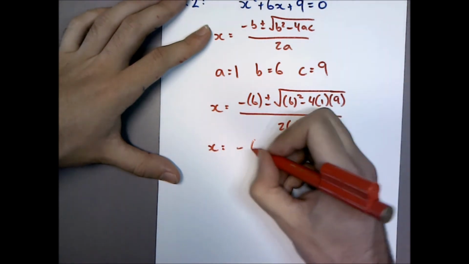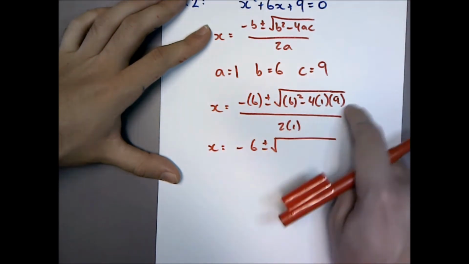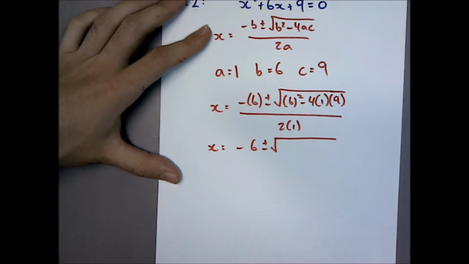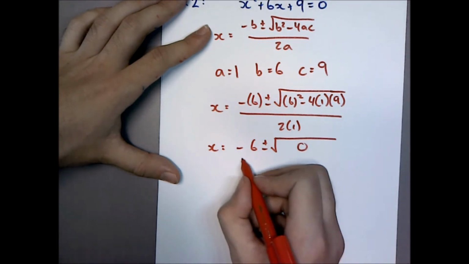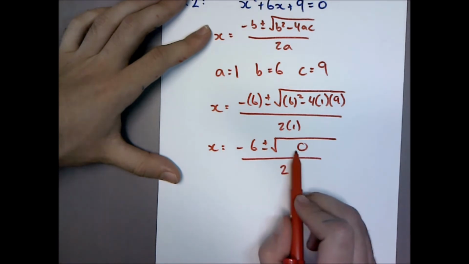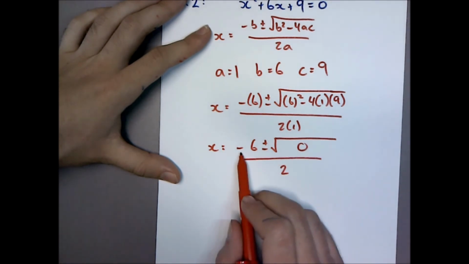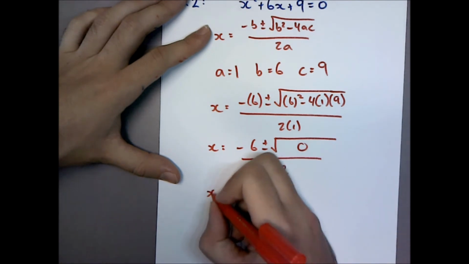So I get negative 6 plus or minus the square root, and what I'm going to do is throw this into my calculator. So 6 squared is 36 minus 4 times 1 times 9 is 0, so it's the square root of 0, divided by 2. Now the square root of 0 is just 0, so all I'm going to be left with is negative 6 plus or minus 0, which is just going to leave me with negative 6.